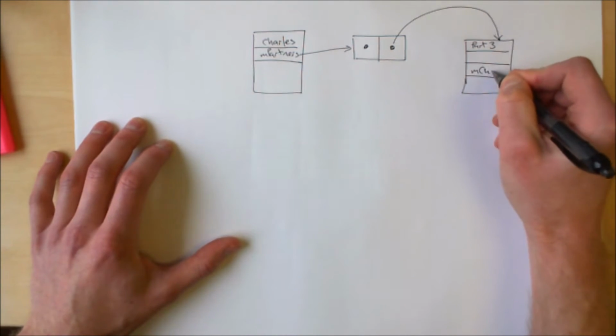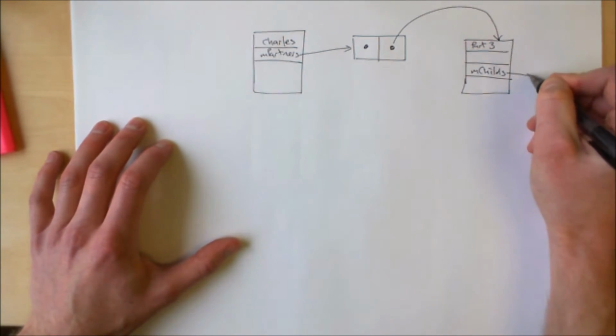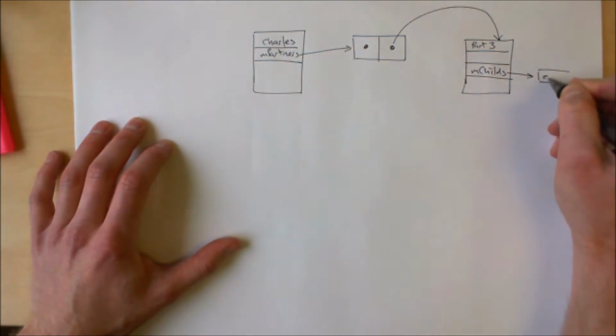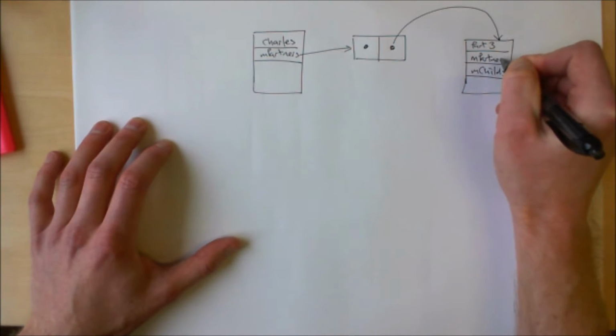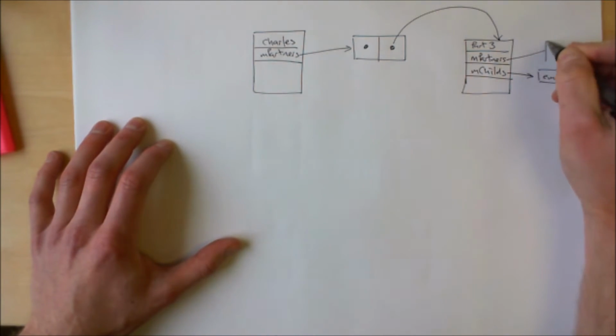It has m childs, which is an empty array, and it has m partners, which has the two items in it.